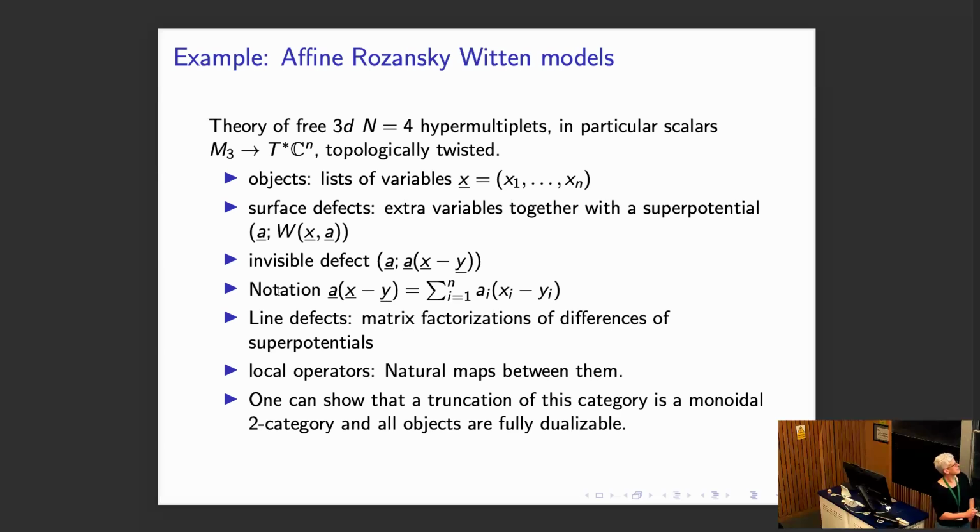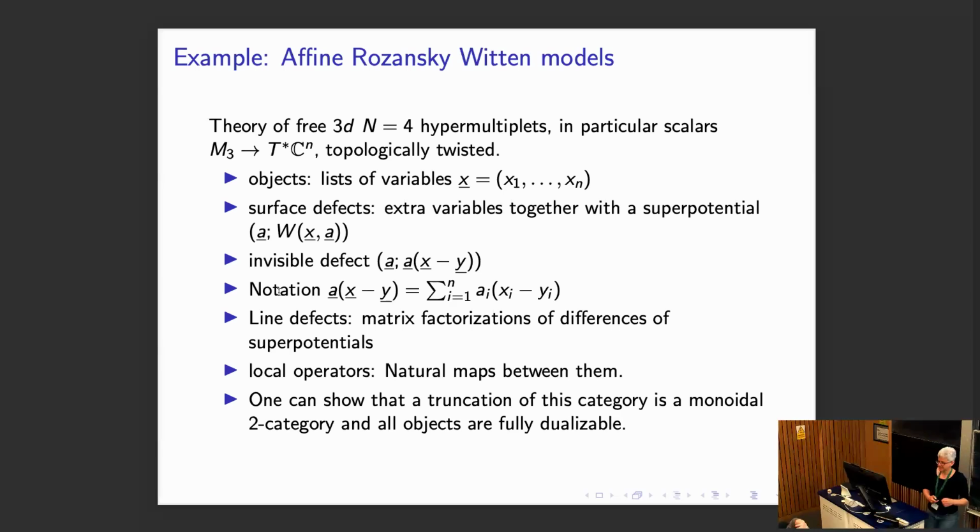Altogether, one can show that the truncation of this category is a monoidal 2-category, and all objects are fully dualizable. By truncation, I mean that I truncate and consider only classes of matrix factorizations and don't try to look at a 3-category.